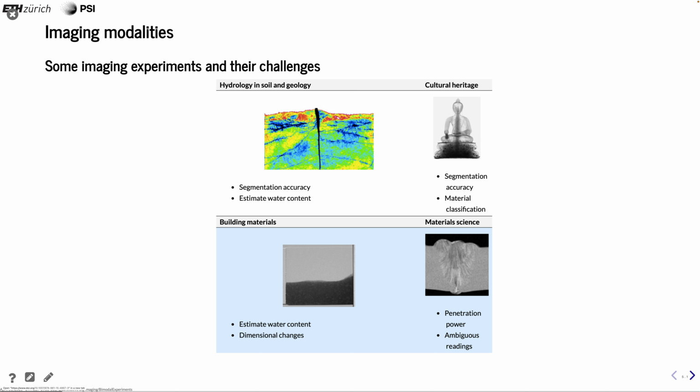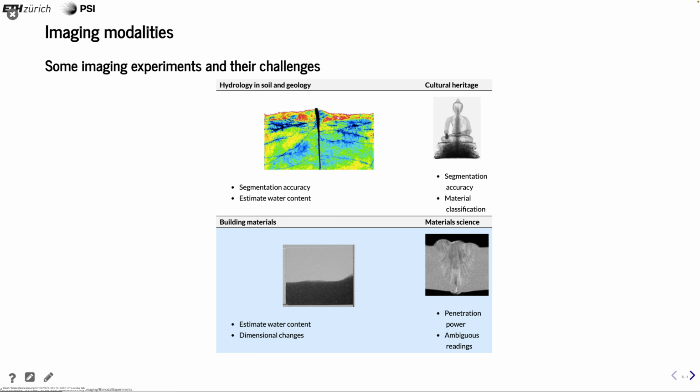And until now we have, as I said, worked only with a single modality, so images from a single source, from a single type of radiation. And it's not always that it brings exactly what we need, or not the full story. Here are some examples from my work, looking at hydrology in soil and geology.